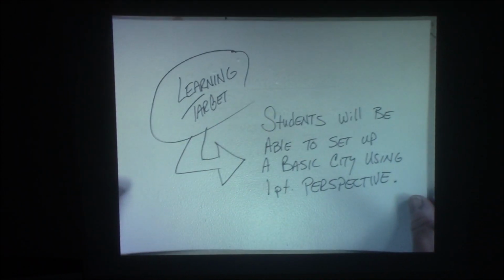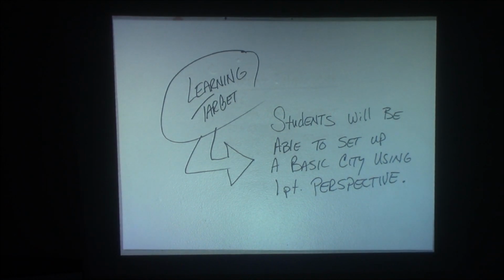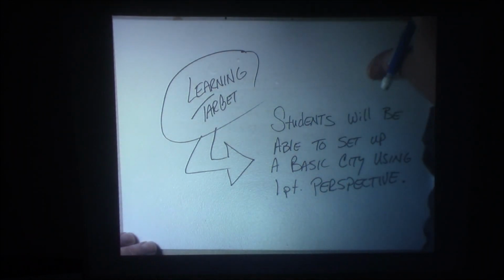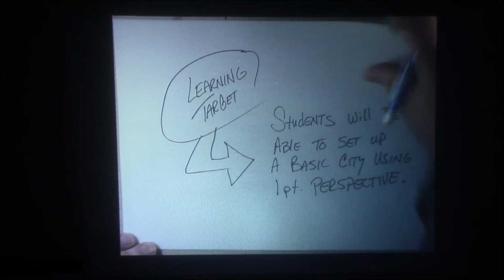Today we're going to move on. And if we look at our learning target for today, students will be able to set up a basic city using one-point perspective. So when we think about how we're going to draw a city, we're going to start by putting a horizon line toward the top of the paper.